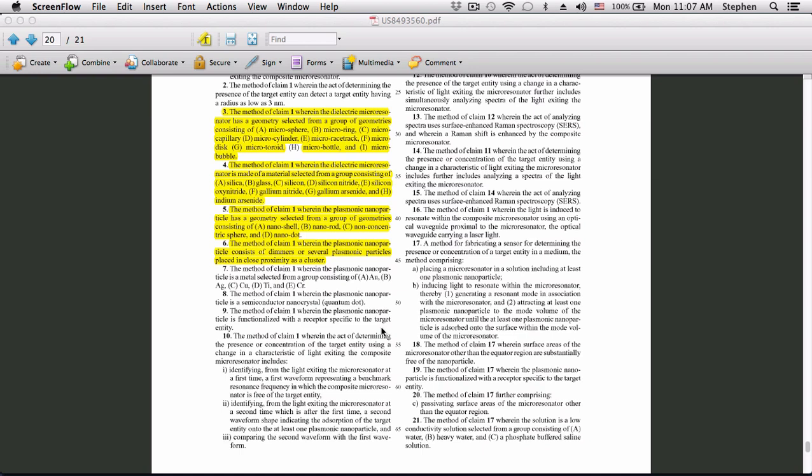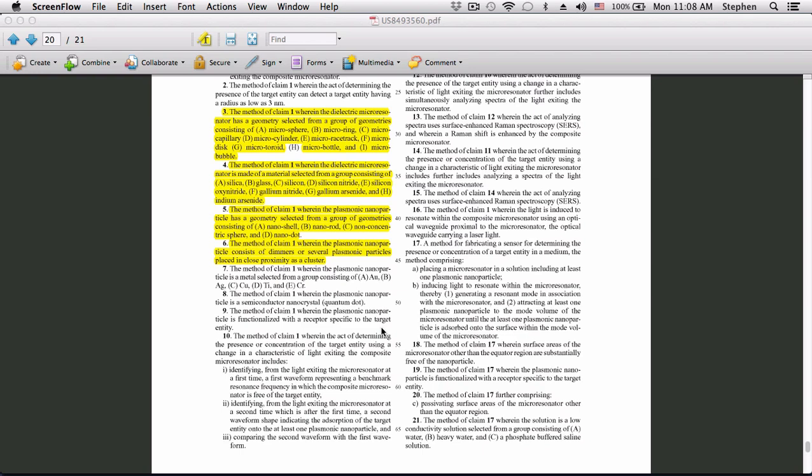The plasmonic epitope, as I like to call it, can be a nanoshell, a nanorod, a non-concentric sphere, and a nanodot. Now remember, when there are claims, it means that these have already been vetted by the examiner, and these were what was allowed. The method of claim 1, wherein the plasmonic nanoparticles consist of dimers or several plasmonic particles placed in close proximity as a cluster.